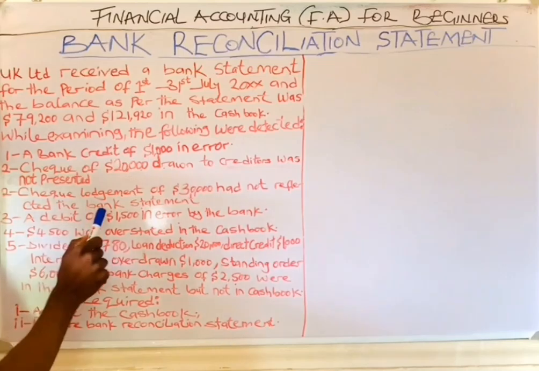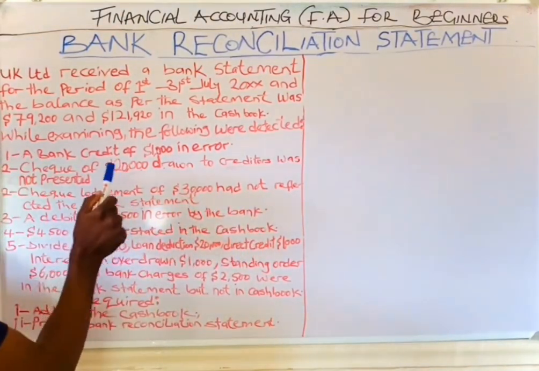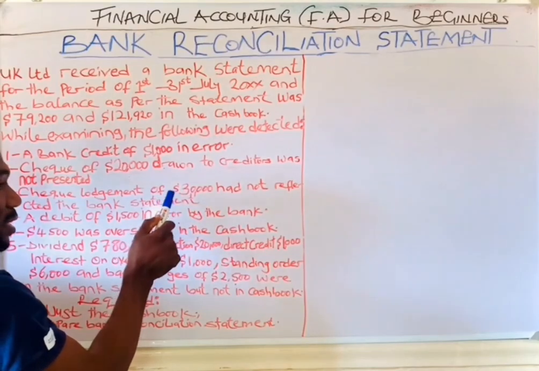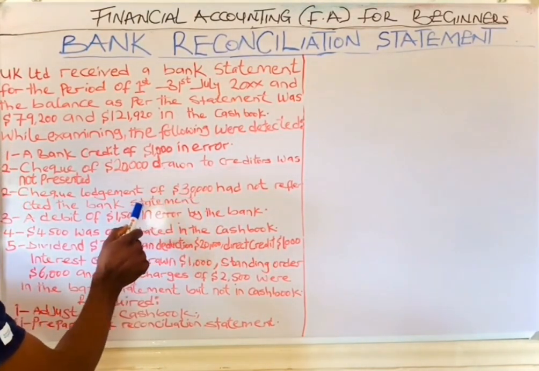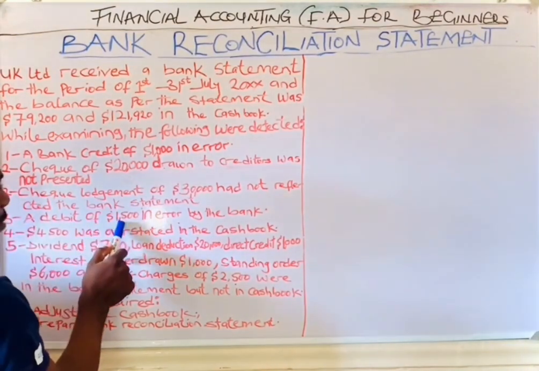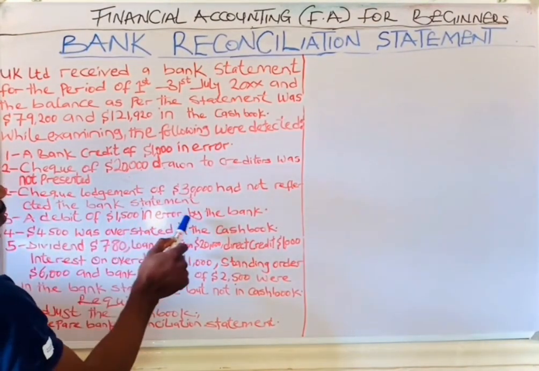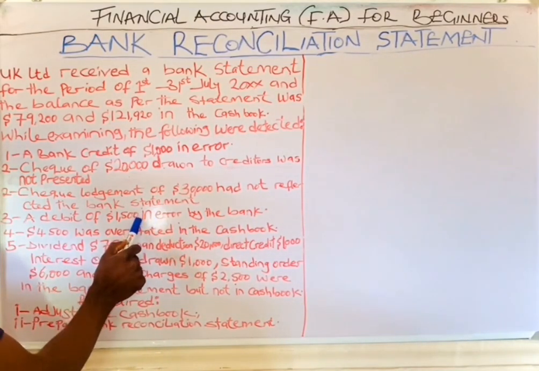A check lodgement of $30,000 had not reflected in the bank statement. This is an uncredited check. The check was given to the bank to credit our account, and it was not credited. A debit of $1,500 in error by the bank will be corrected while preparing the bank reconciliation statement.